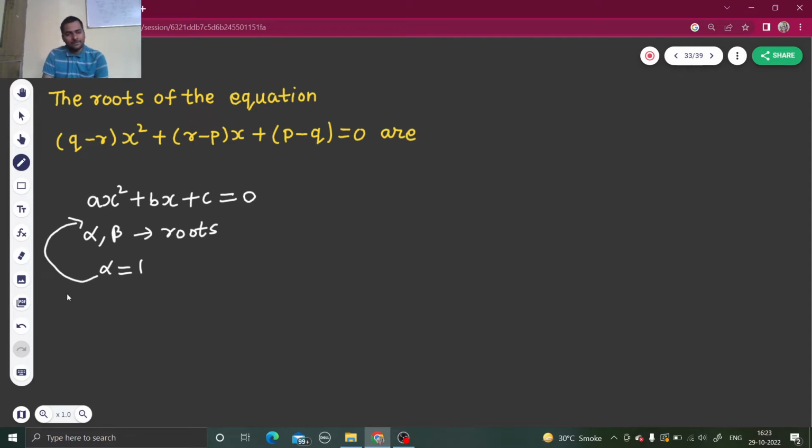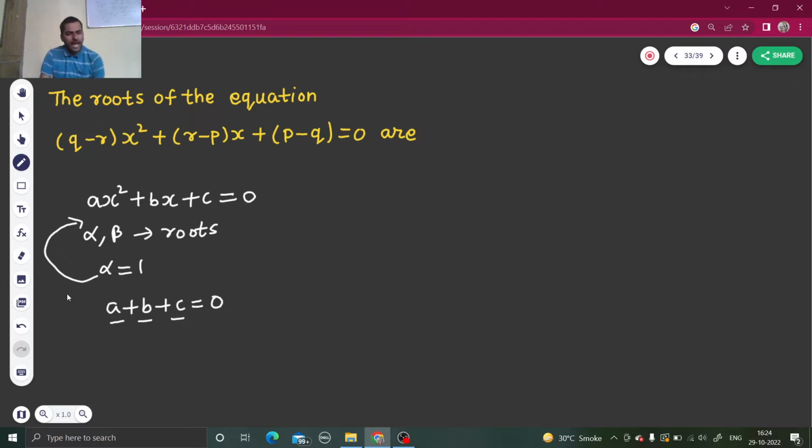So I can put in place of x 1, so I will get a plus b plus c as 0. What this signifies is that if one root is 1, the sum of the coefficients will be equal to 0.